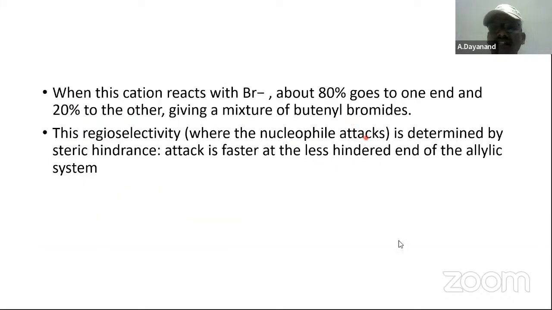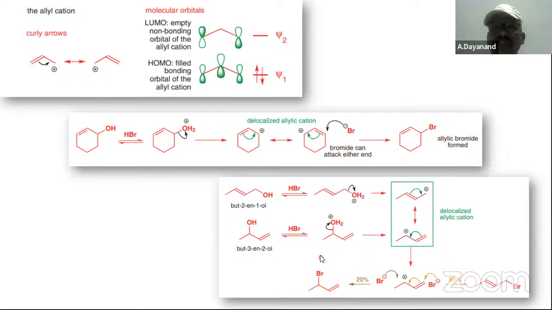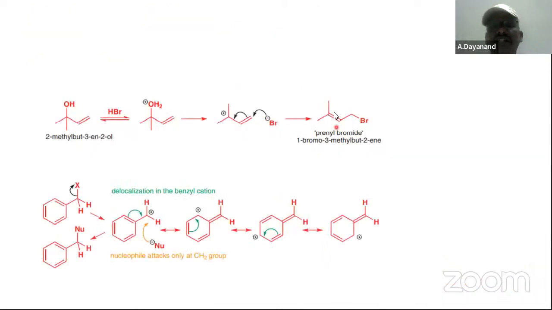If you see this one, there 20% of the other compound is formed, whereas here we are getting only 100%. Why? Because on this side it is highly sterically hindered, so this carbon is not going to be attacked. And because of the delocalization, it shifts to these two and prenyl bromide is formed.